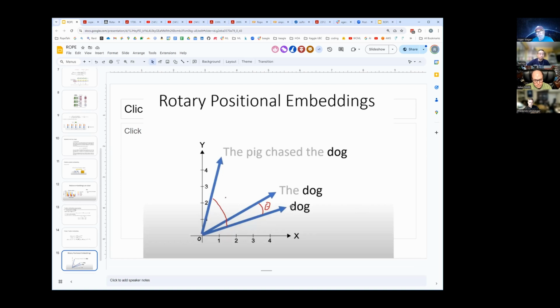So if you have an embedding, dog, at this location, if it's the beginning of the sentence, it would be at this location. If it is token number 2, it gets rotated by some amount theta. And if it's in position 5, it gets rotated by more. This is just representing it in 2D. What we're really talking about is rotation in a very high dimensional space, but this represents what it looks like in 2D: you're rotating based on the position.